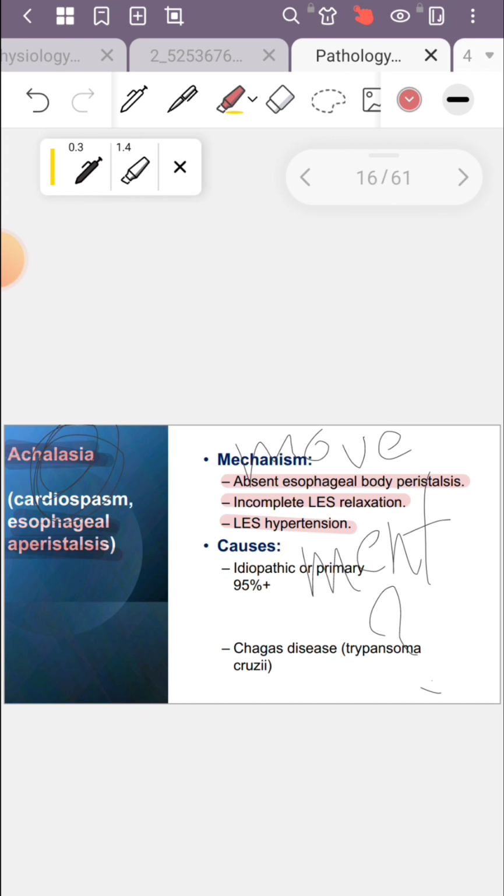These muscles in the lower esophageal sphincter have increased tone. Okay?